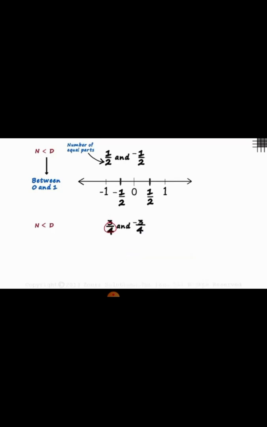Since numerator is less than denominator, we know that the number will be between 0 and 1. So we draw the number line like this, with just 0 and 1 plotted. Remember, the denominator tells us the number of equal parts each unit is to be divided. Since the denominator is 4, we divide the length between 0 and 1 into 4 equal parts.